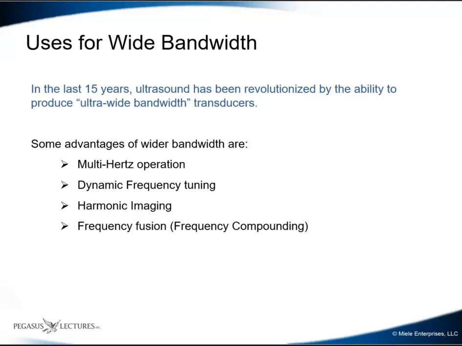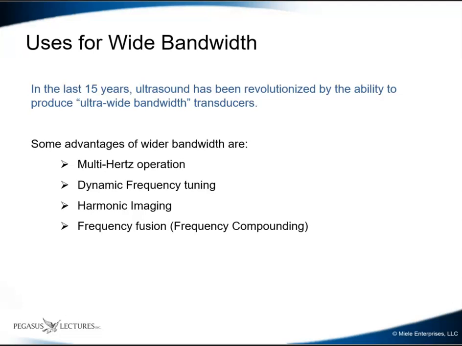It's given us something called dynamic frequency tuning, which is the ability of the machines to use whatever frequency is needed to see the depth that it is imaging from. It's given us something called harmonic imaging, which we haven't gone over yet, but harmonic imaging is a doubling of the frequency in the received mode so that we see much better resolution than we do with a normal non-harmonic image.